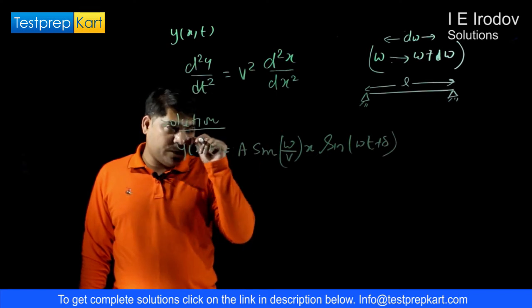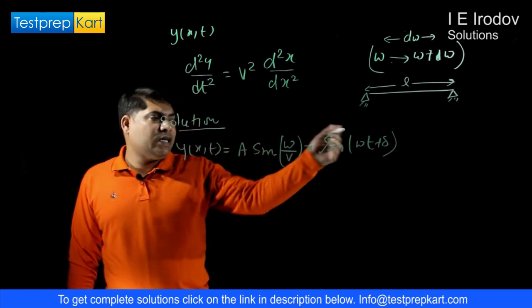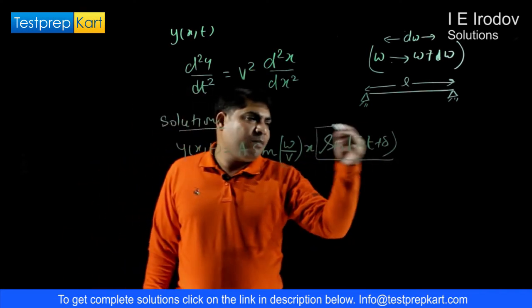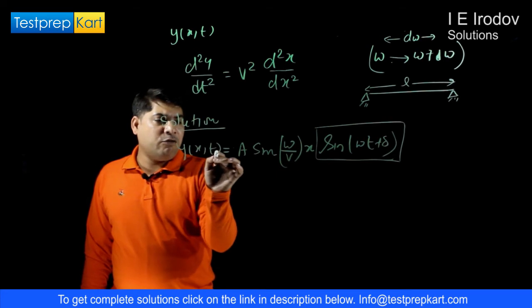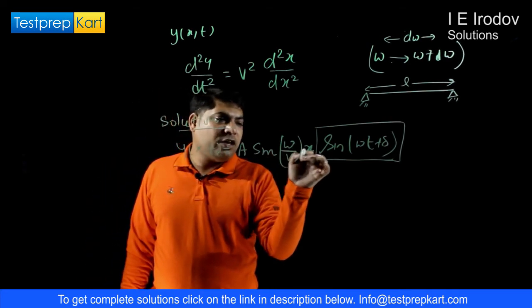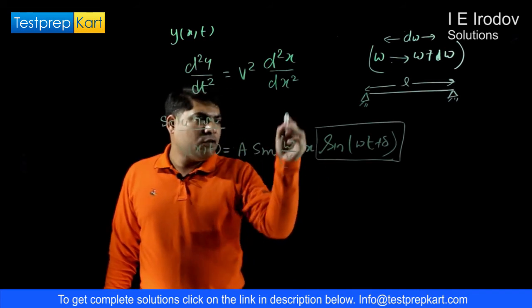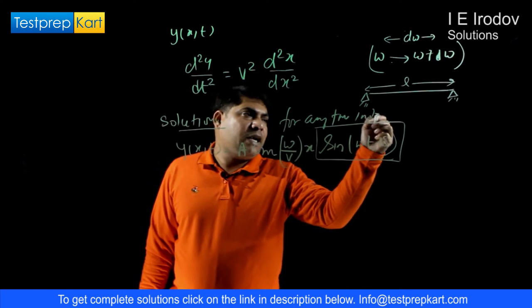Now see, if we take any particular time instant, let's take t equals to 1, then this parameter would not change. So the value of y will depend on a sine(omega over v into x) for any time instant.